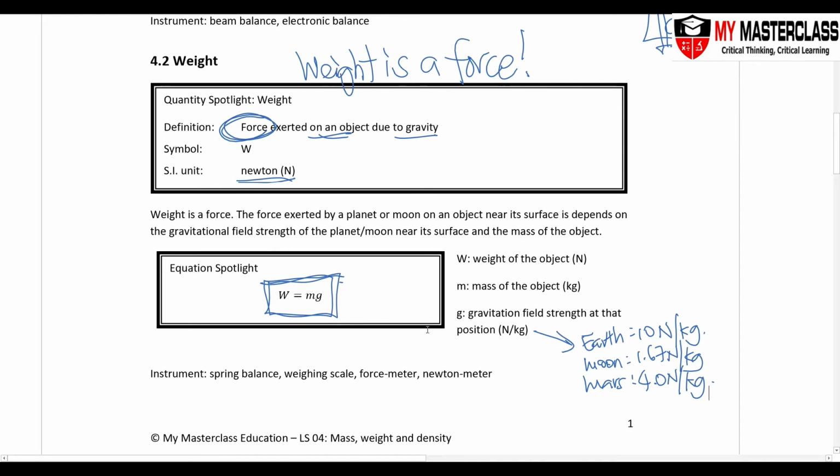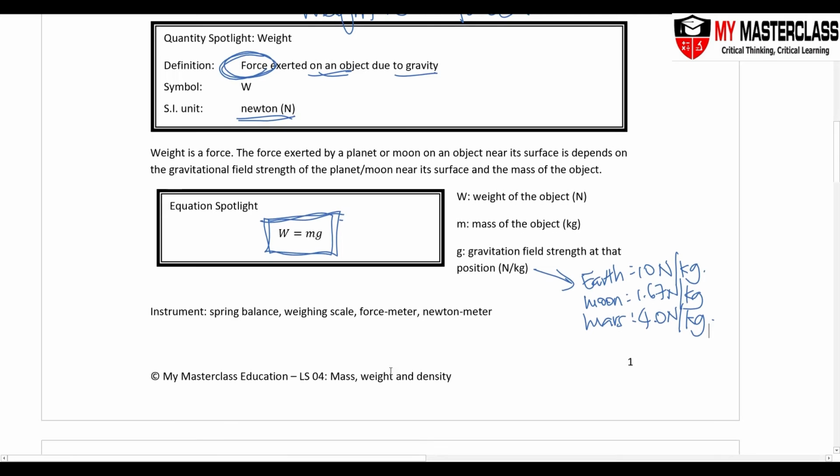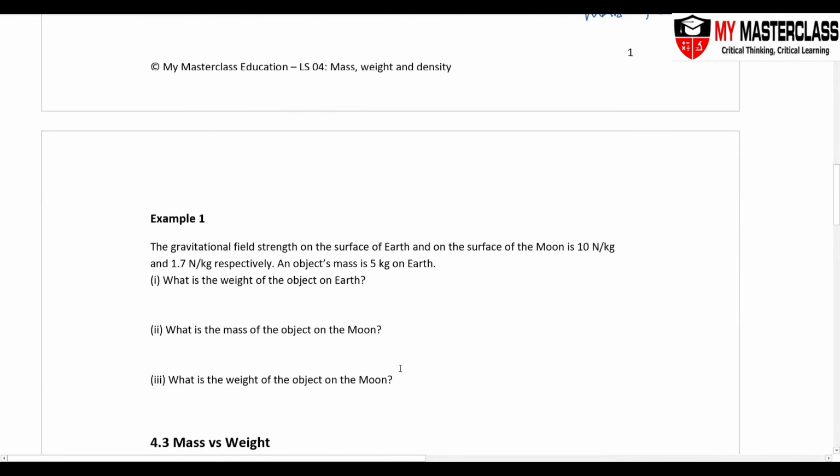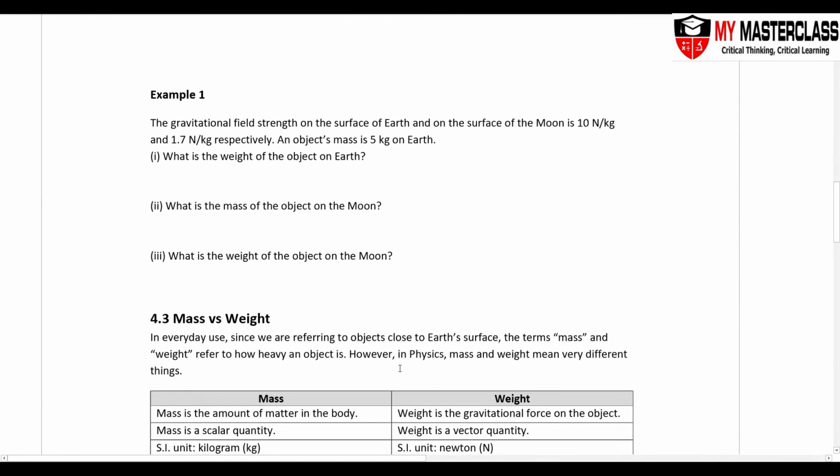All right, let's look at an example on how we play around with mass and weight. So I have a gravitational field strength of Earth, which is 10, and this is 1.7. The object mass on Earth is 5 kg.